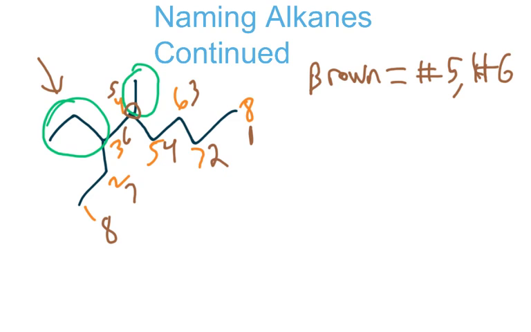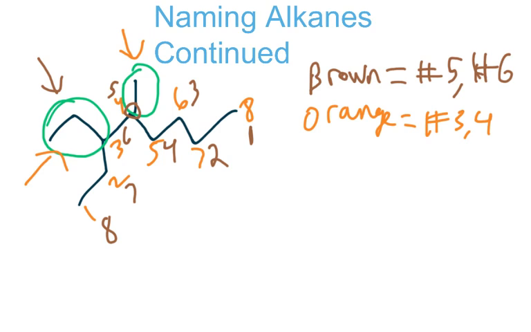Now let's take the orange numbering. On which carbon numbers do we have substituents for the orange numbering? So if we take orange right here, we have a substituent here, which is carbon number 3 for orange. And then we have a substituent here, which is carbon number 4 for orange. Okay, so actually let's be consistent, write the number sign on it so we know.